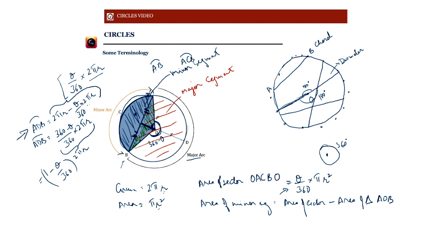So if I draw a perpendicular, let's say OP, then P splits the chord AB into two equal parts such that here AP is equal to PB. And we'll be given enough data to find the area of this triangle as well in case we are asked the area of the segment.